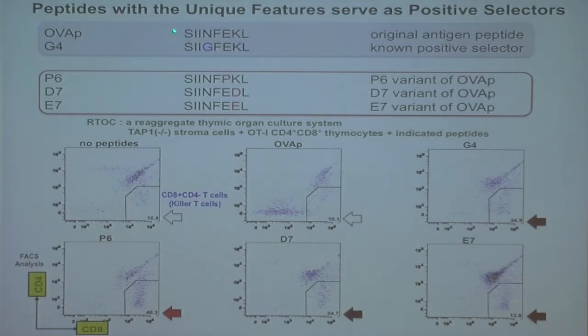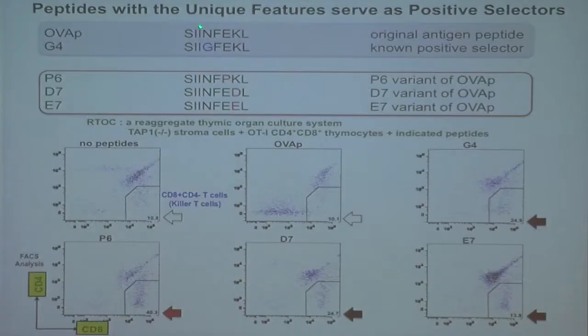For example, in this case, the antigenic peptide is a very famous peptide, and immunologists know it as a non-positive selector. Positive selector means, in this case, changing the glycine residue. This is no peptide. If the addition of the original peptide does not change the killer T-cell level, however, the positive selector is changed to Z4.